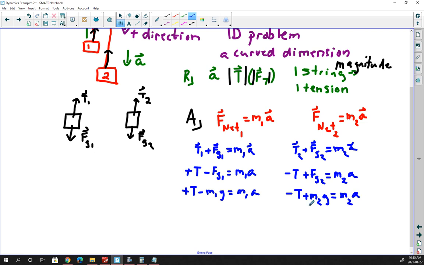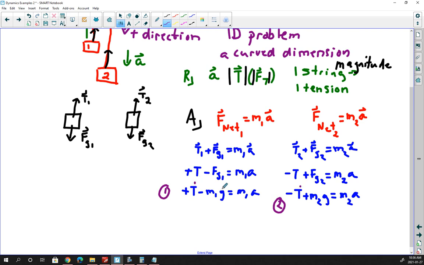Okay, and what we're going to do now is we're going to name these equations. So I'm going to name this equation here equation number 1. There it is. And this here I'm going to name equation number 2. And if you take a look at this, kids, we've got a situation where we have two unknowns. The tension is an unknown, right?